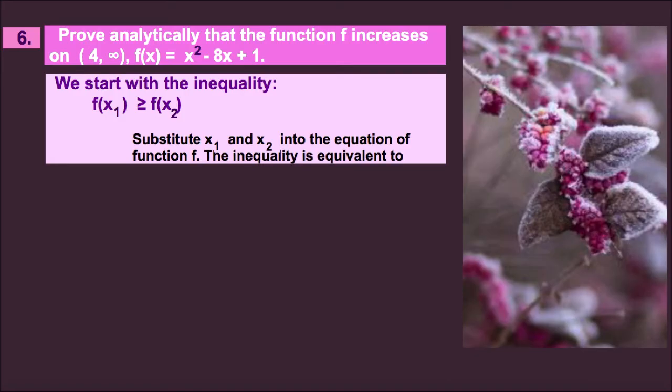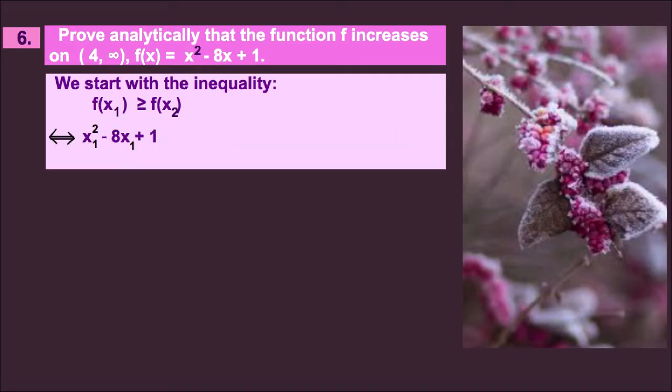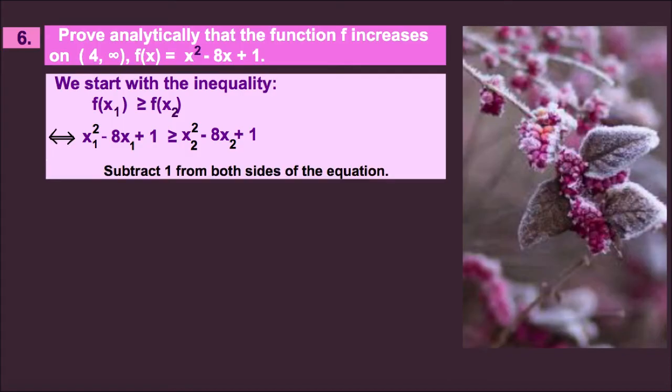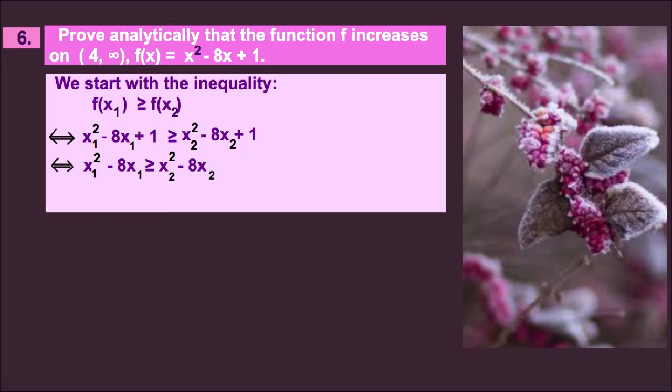The inequality is then equivalent to x1² - 8x1 + 1 ≥ x2² - 8x2 + 1. Subtract 1 from both sides, equivalent to x1² - 8x1 ≥ x2² - 8x2.